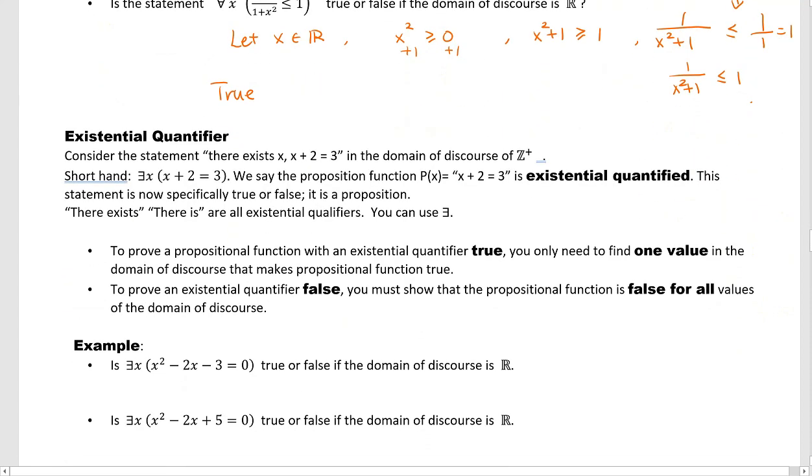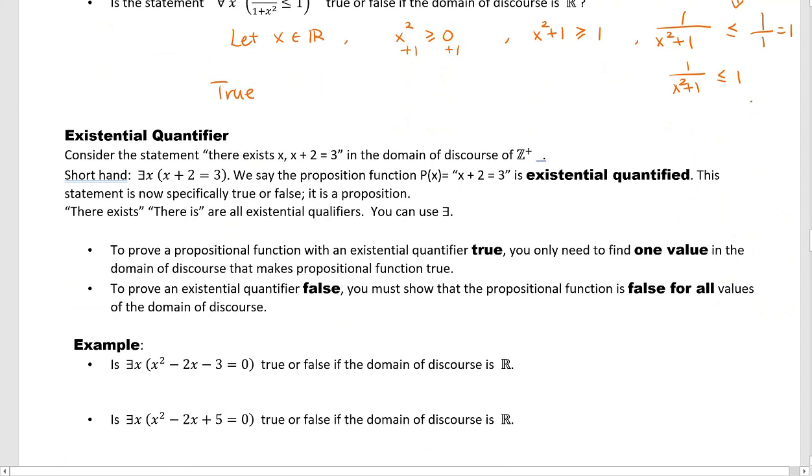Next topic, existential quantifier. So consider the statement there exists x such that x plus 2 equals 3 in the domain Z plus, that's the positive integers.